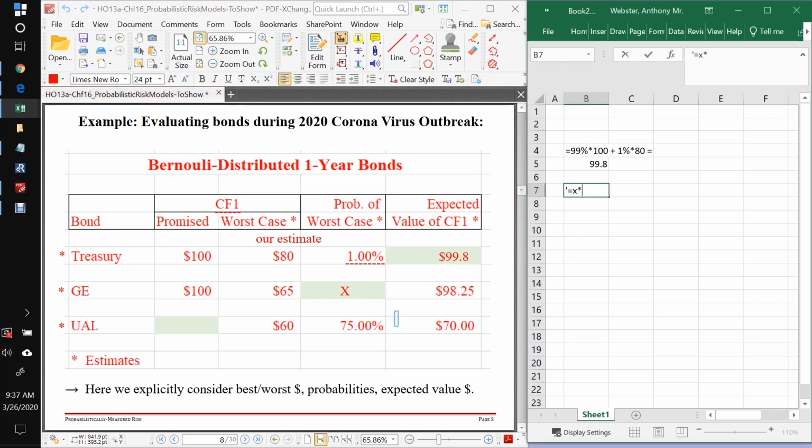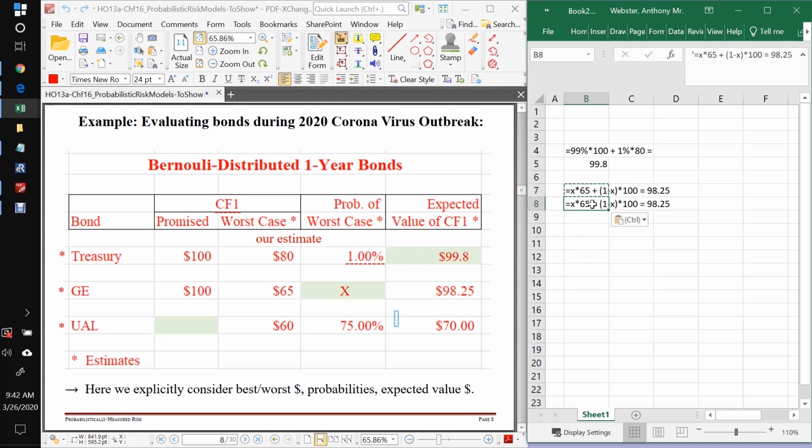So I've got x times, the probability of the worst case, associated with the 65, plus I have over here (1 minus x) times 100 is equal to 98.25. Okay, I think if we do the algebra on this, we're going to find that x equals 5% works.